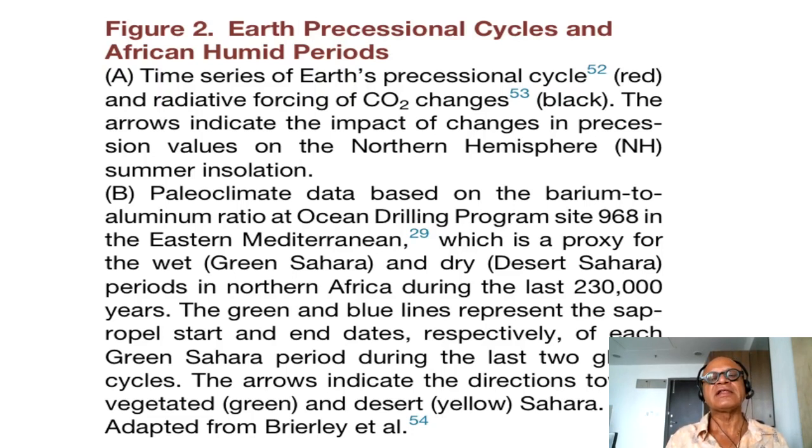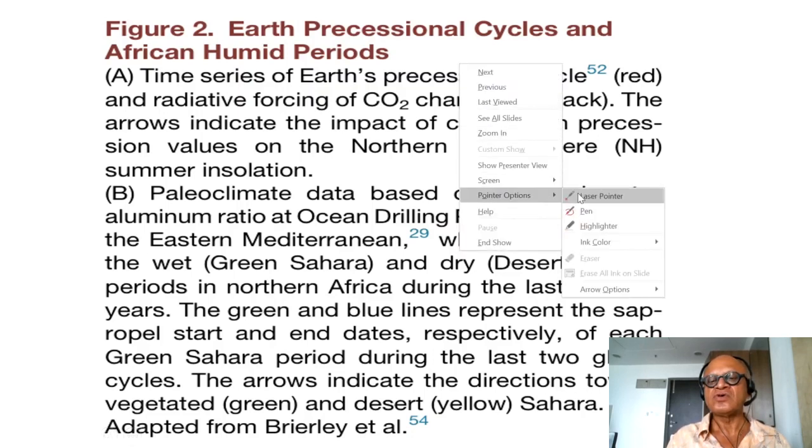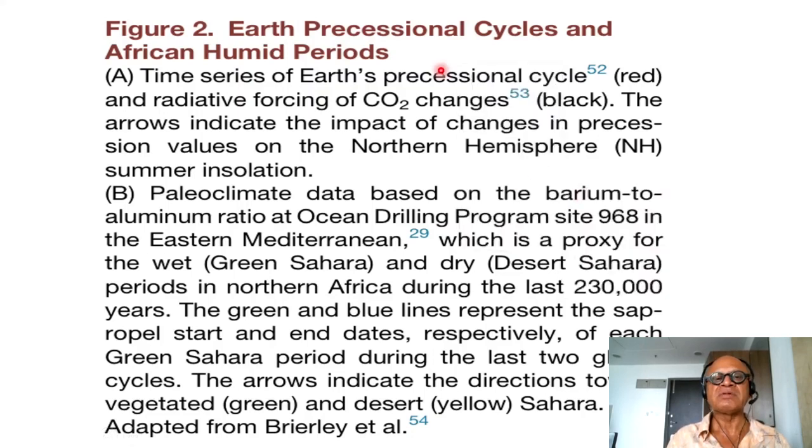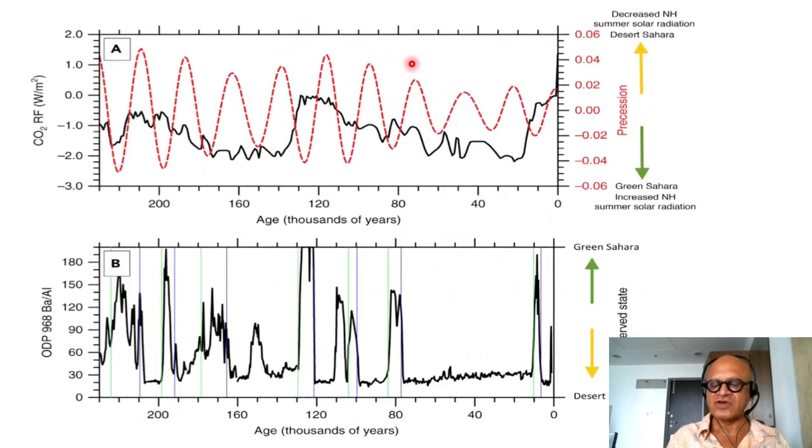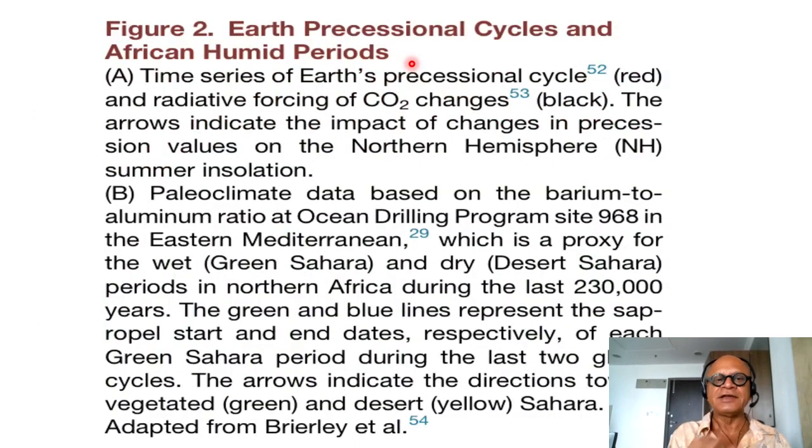The Sahara and Sub-Saharan Africa remain a kind of poster child for a lot of climate issues, human interactions, vegetation, grazing, agriculture, land use, etc., and climate change. So the context for the greening, though, is there in the longer-term climate variability as well. So Earth's precessional cycles and African humid periods, we will look at the figure in the next slide.